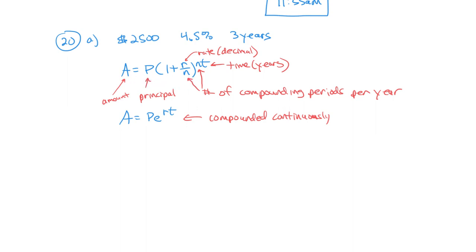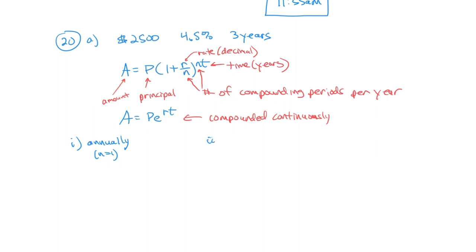All right, so to do this problem, the first one says find the amounts due at the end of 3 years if the interest is compounded annually. Well, annually just means there's one compounding period per year, right? So this means n equals 1.